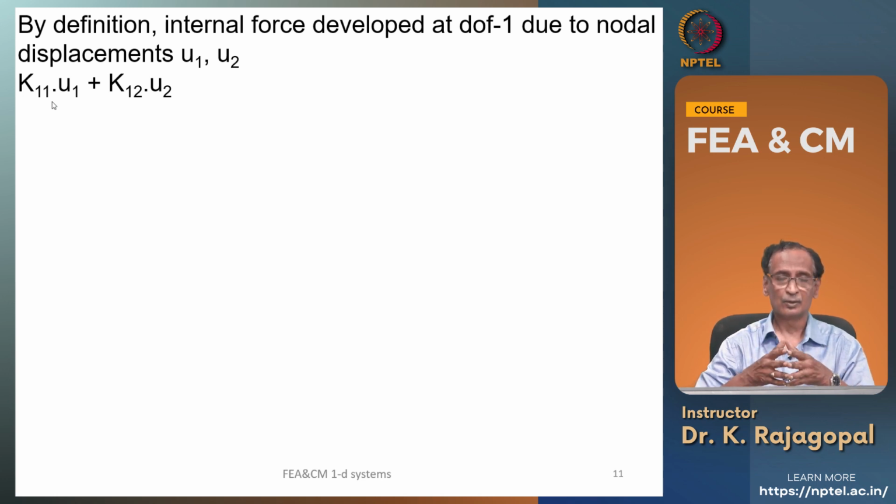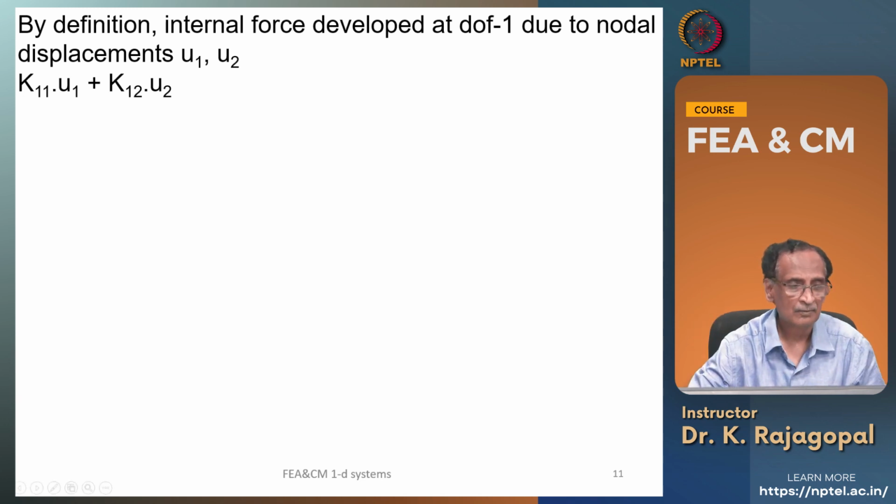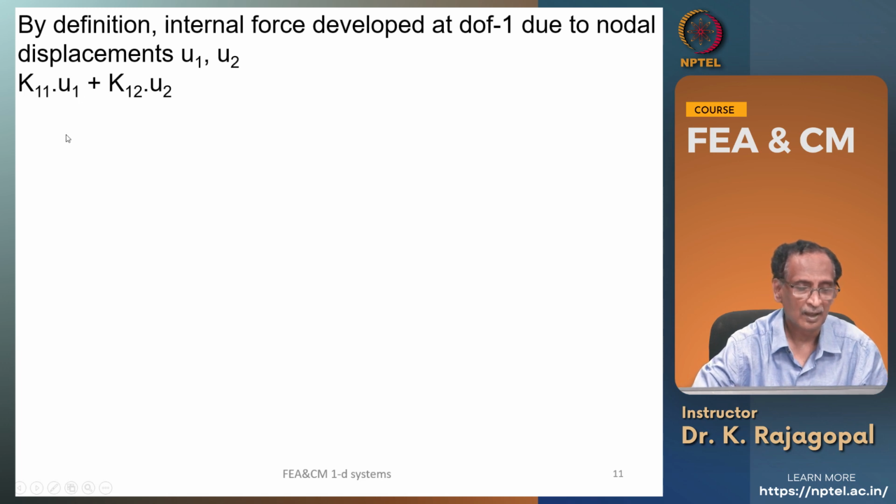So, that is the stiffness coefficient, and if you apply a deformation of u1, the force developed is K11 times u1, and similarly the force developed in degree of freedom 1 because of a unit displacement at degree of freedom 2 is K12.